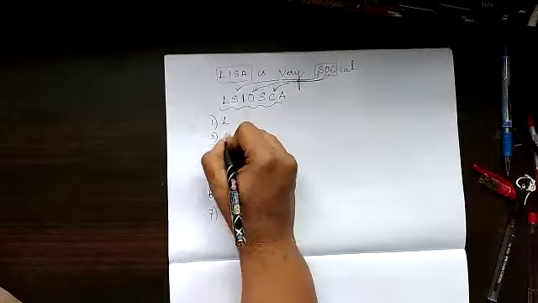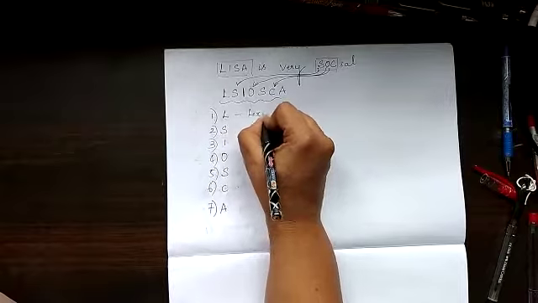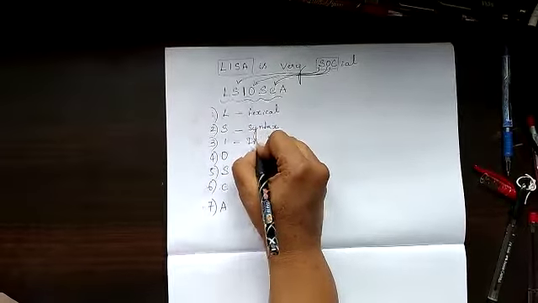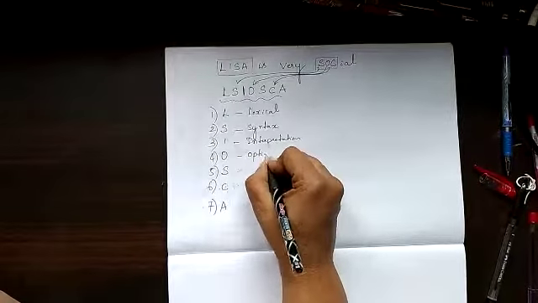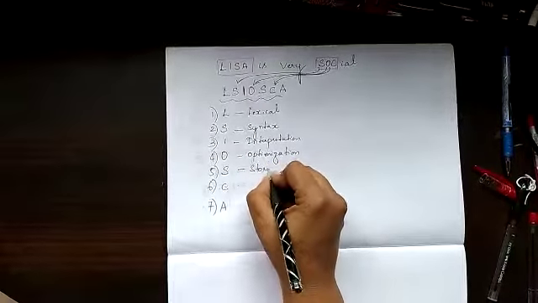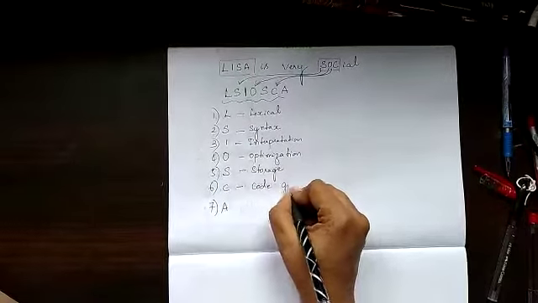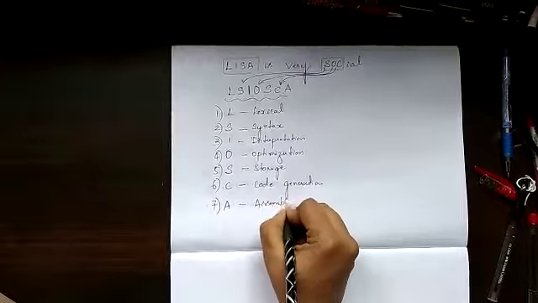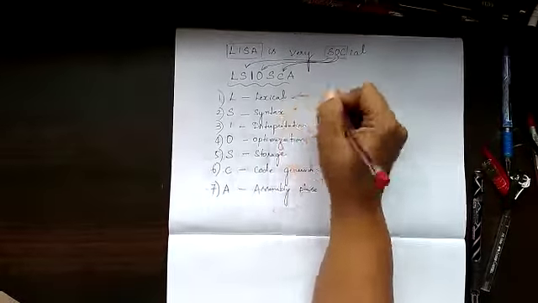So here: L, S, I, O, S, C, A. L stands for lexical phase, S stands for syntax phase, I stands for interpretation phase, O stands for optimization phase, S stands for storage, C stands for code generation phase, and A stands for assembly phase.